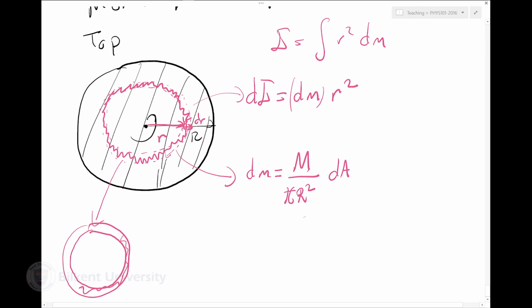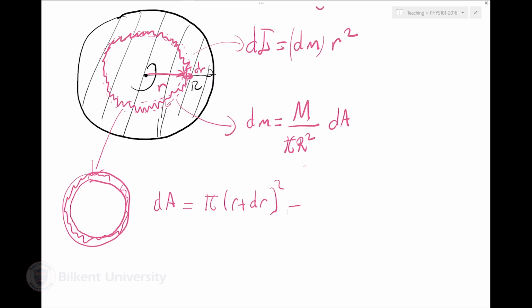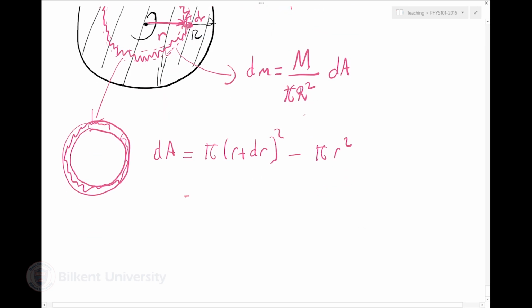I am basically interested in the difference between two circles. The outer circle has radius r plus dr. The inner circle has radius r. So if I expand this, I'll find pi r squared plus pi 2r dr plus pi dr squared minus pi r squared.